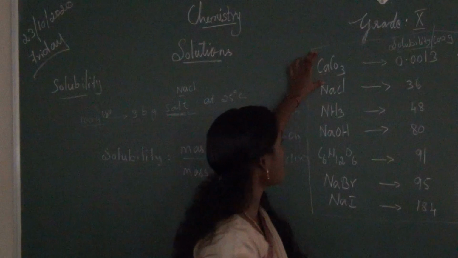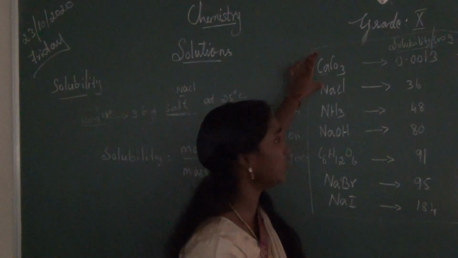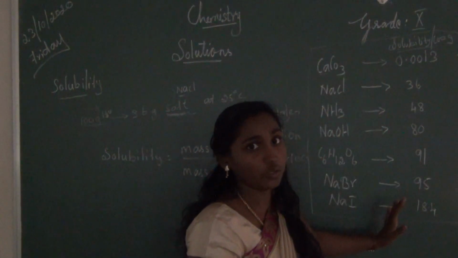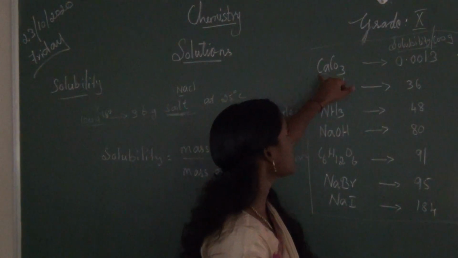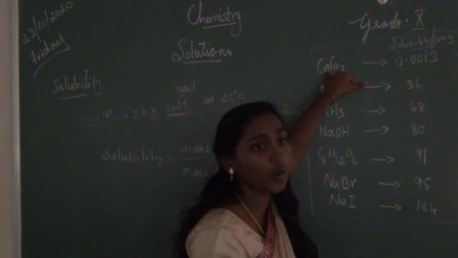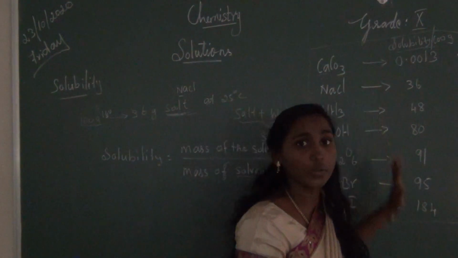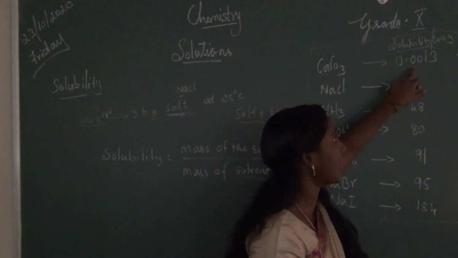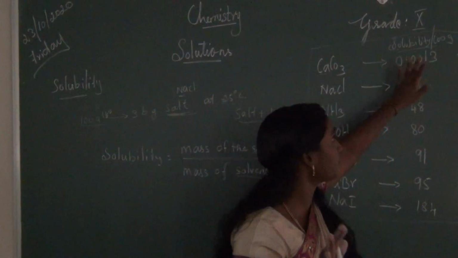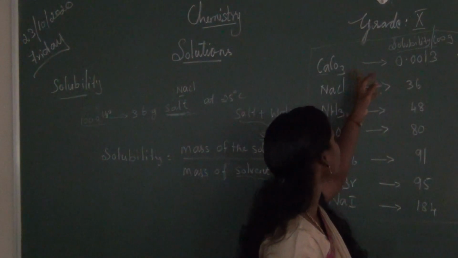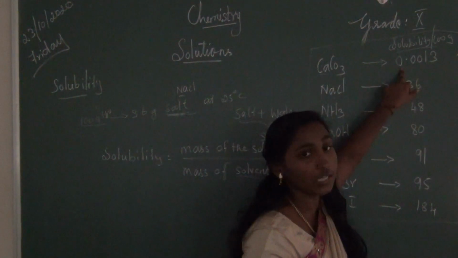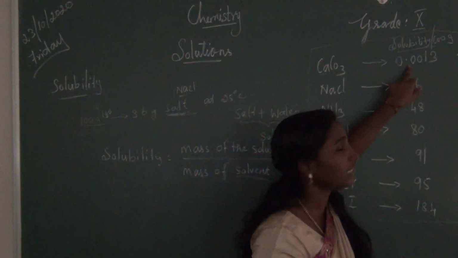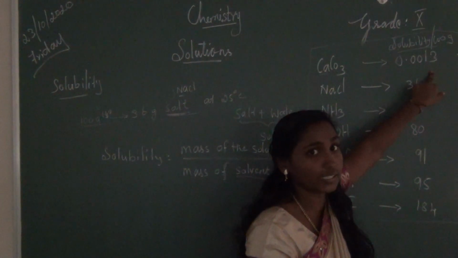The next solubility values we are going to learn are standard values, so please memorize them. Maybe they will ask a 1 mark question. These values are given per 100 gram of water. Calcium carbonate, CaCO3, solubility is 0.0013 gram.